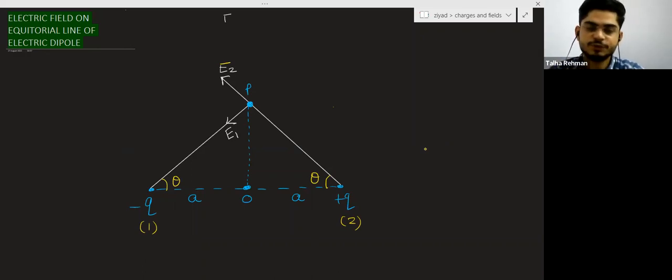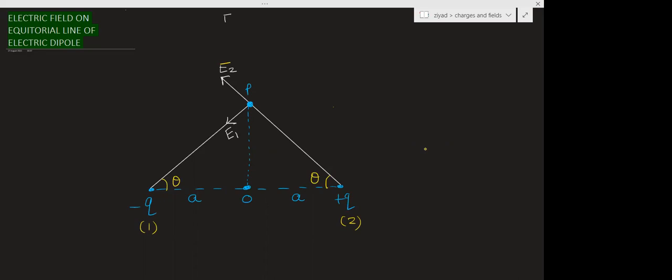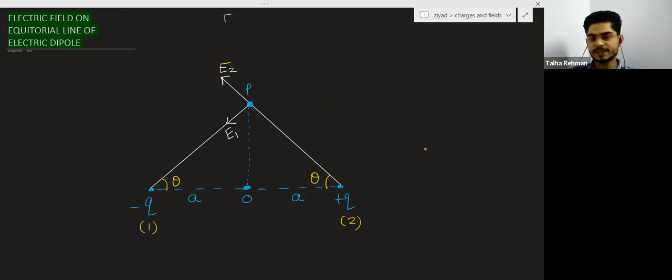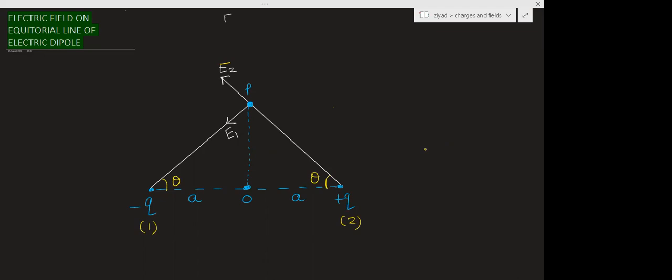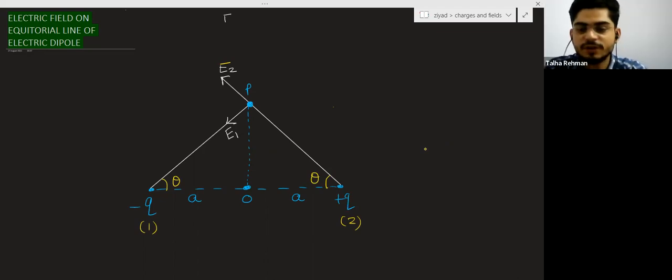So what should we do now? E2 minus E1? No, that we can do in the case of two electric field vectors when they have a 180-degree angle. This time the angle between the electric fields is not 180 degrees. We do not even know the angle.